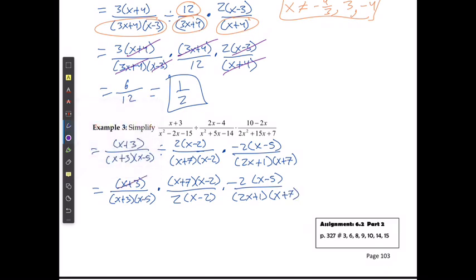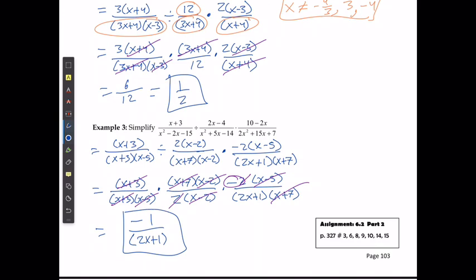Cancel out x plus 3, x plus 3, the x plus 7, x plus 7, x minus 2, x minus 2, and x minus 5, x minus 5, and the 2 and the 2. Because I've canceled everything out from the top except for that negative 1, I'm going to have negative 1 on the top, and on the bottom I have 2x plus 1. And there's my final answer.